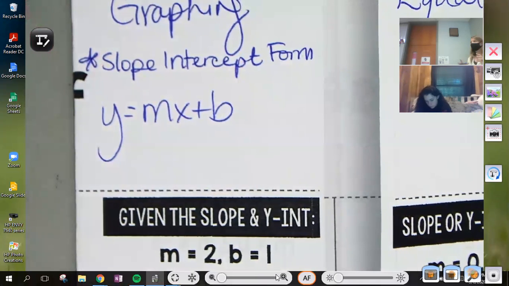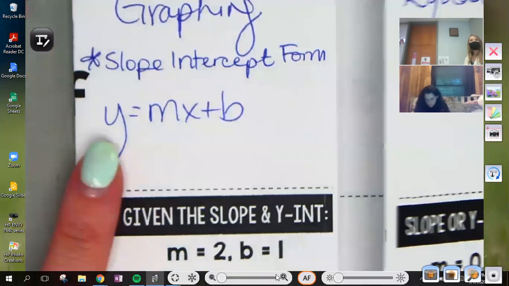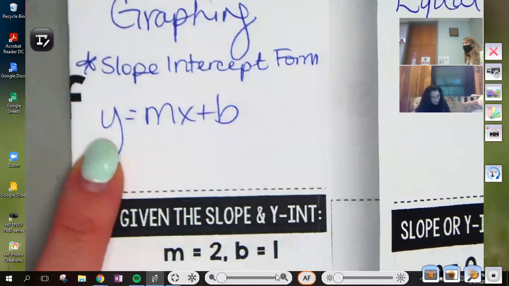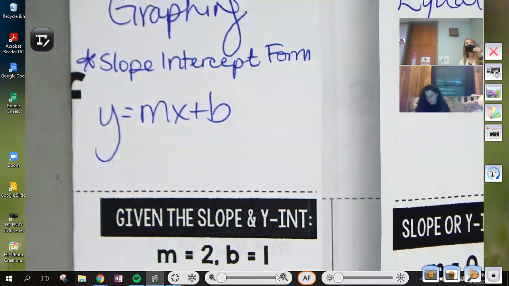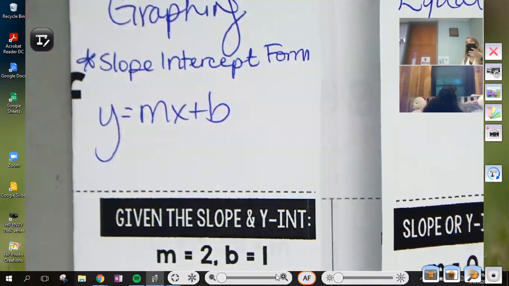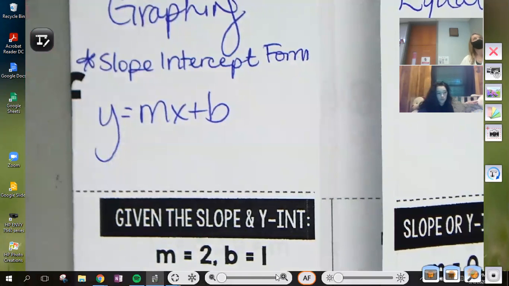So the dead giveaway that this equation is in slope-intercept form is that it's set equal to y. Okay, so anytime you have an equation that's set equal to y, that means that you can graph it. It tells you the two important things that we'll talk about here in a second that you need to know in order to graph. So I want you to hear me when I say this.